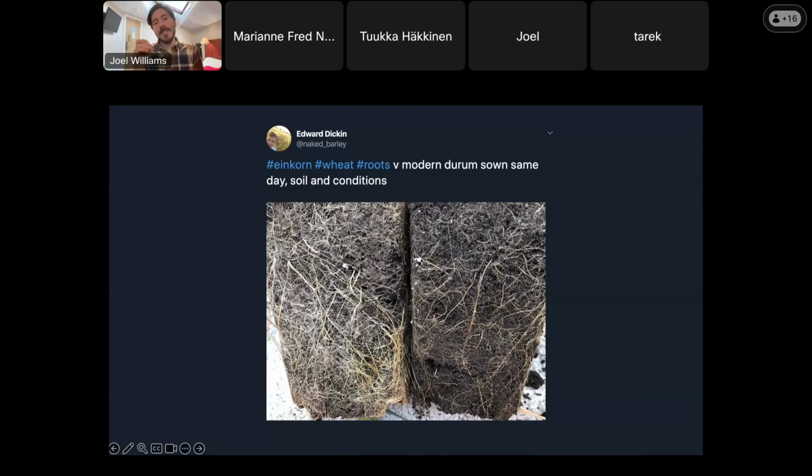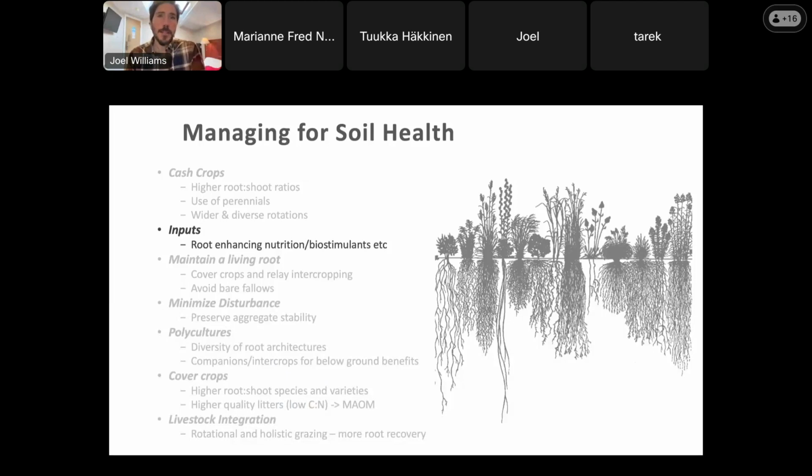So again, this is another one of the reasons: the shift out of perennials and plant breeding towards these very high yielding varieties has come at a trade-off to root biomass, root production. And I really believe that the varieties which we grow are also a part of this decline that we've seen in soil health.